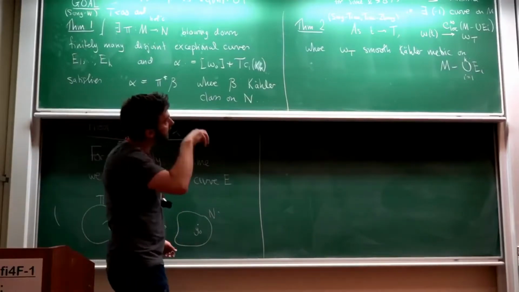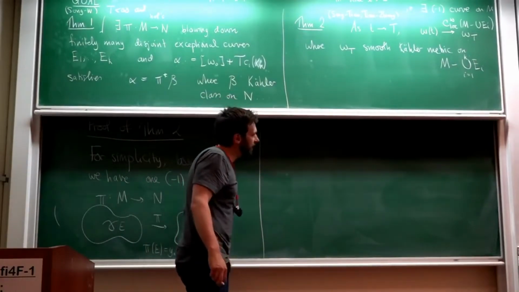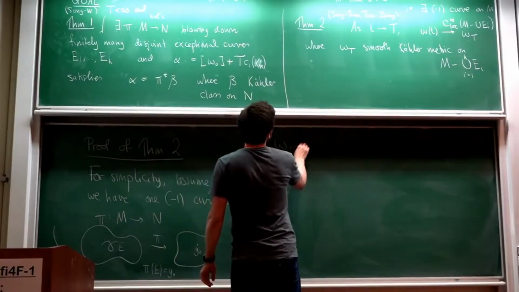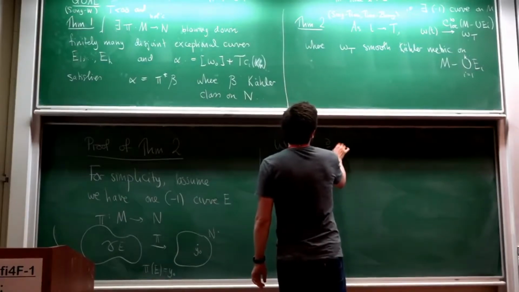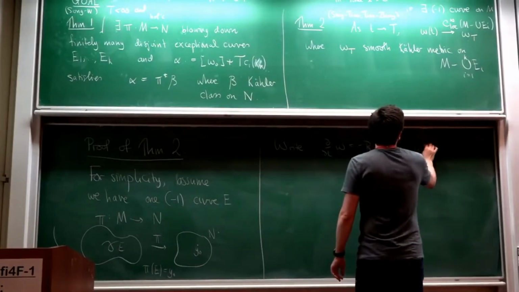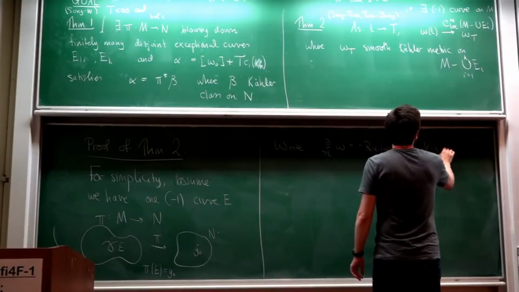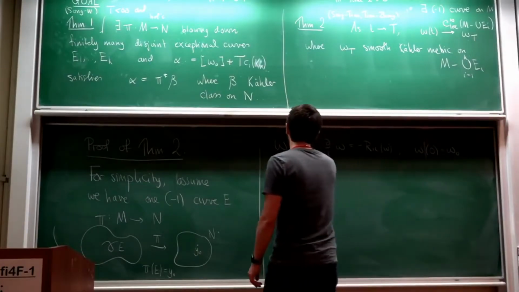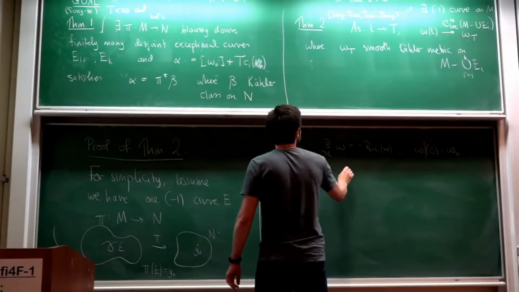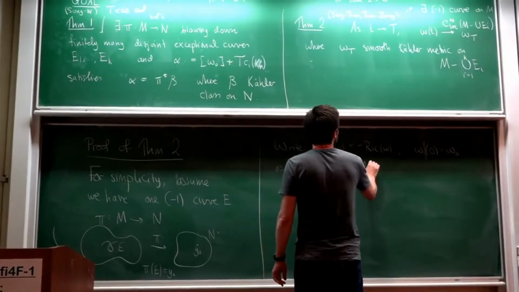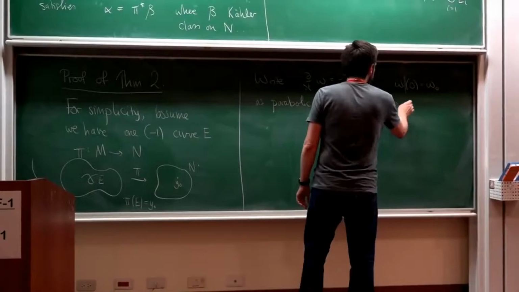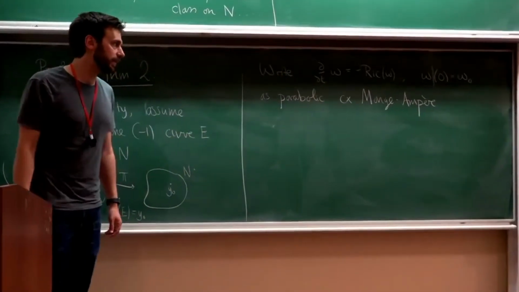So the first thing I want to do is rewrite the Kähler-Ricci flow. So let's write the Kähler-Ricci flow, which is d dt of omega is minus the Ricci of omega, and omega at time 0 is omega naught. I want to write it as a parabolic complex Monge-Ampère equation, in other words, in terms of a potential function phi.